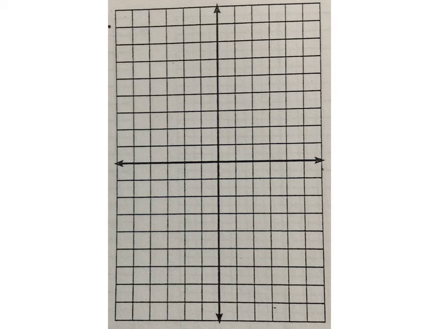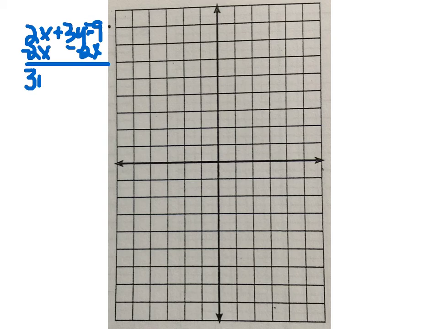So if I say 2x plus 3y equals 9, remember we want to isolate y on one side of the equation. So the first thing we're going to do is subtract 2x. And that gives me, and pardon me for moving the equal sign over, but that's how we'll fit, 3y equals negative 2x plus 9.